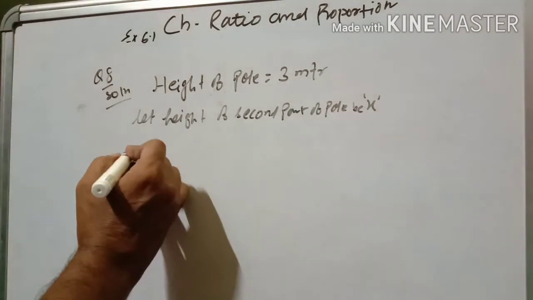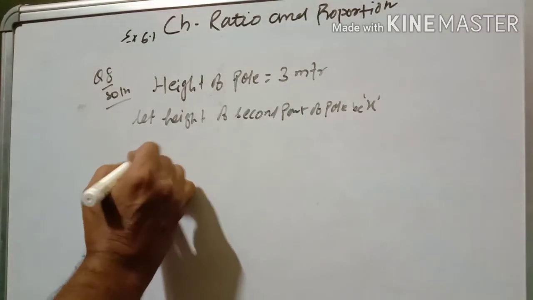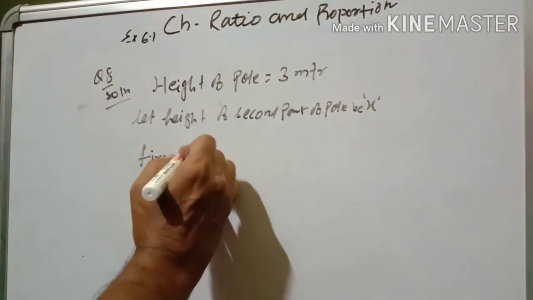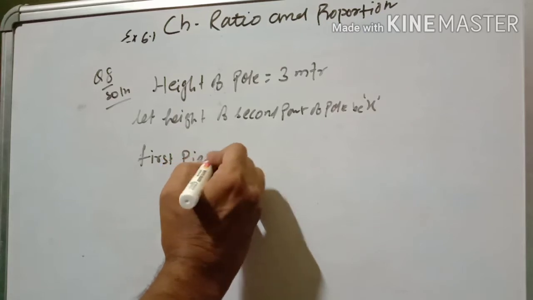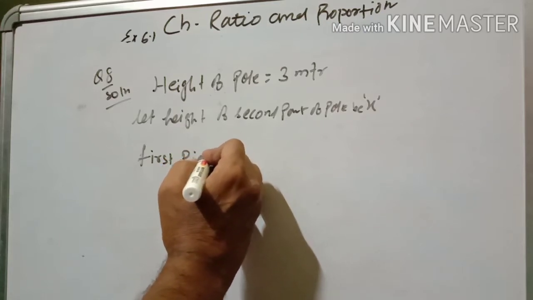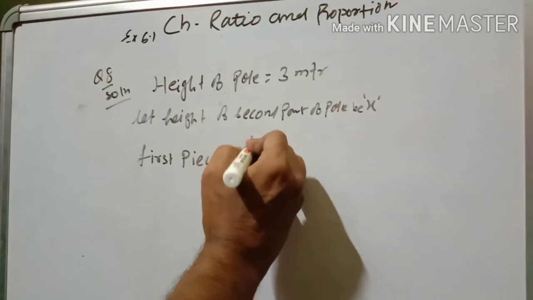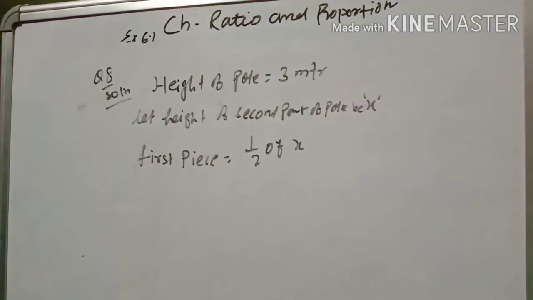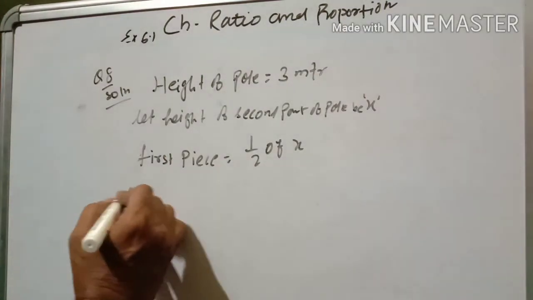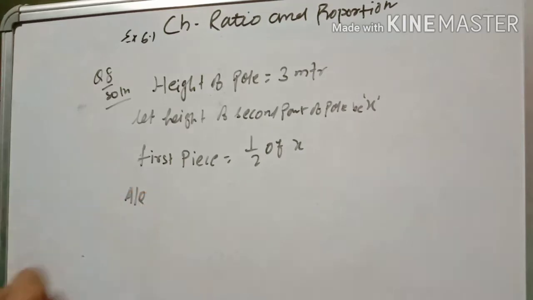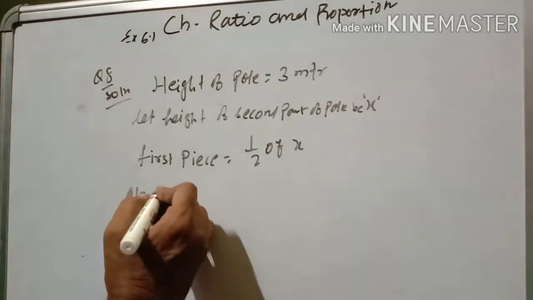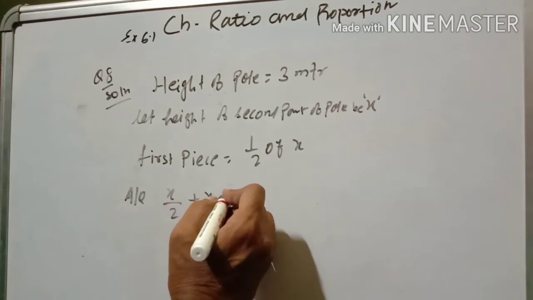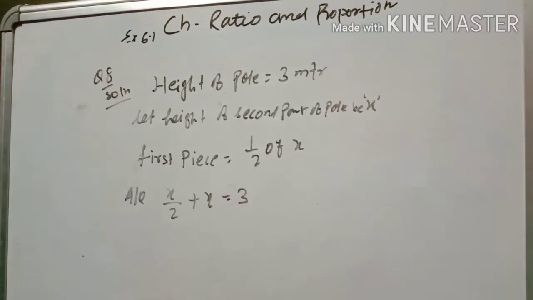So first piece will be what? First piece will be 1 by 2 of x. So according to the question, I can write x by 2 plus x equal to 3 meter.